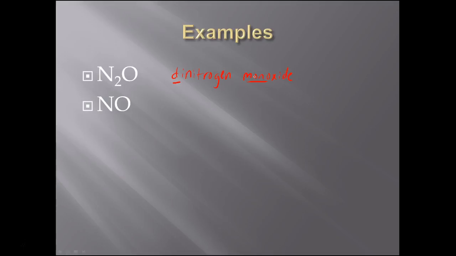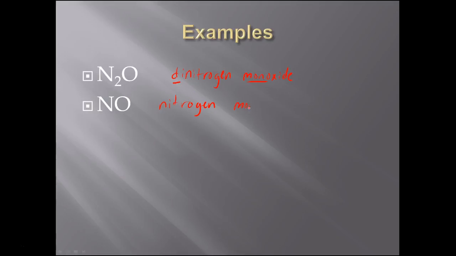Next example, NO. Remember there was an exception for this first element. You never want to use the prefix mono for that first element, so we're not going to put mononitrogen. We're just going to write out nitrogen for this one. And then we name our second element, which is oxygen, change the ending to IDE, so it's going to be oxide, and we'll attach our prefix.